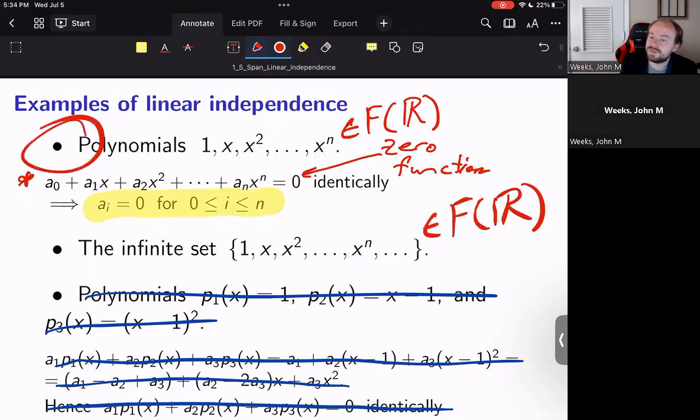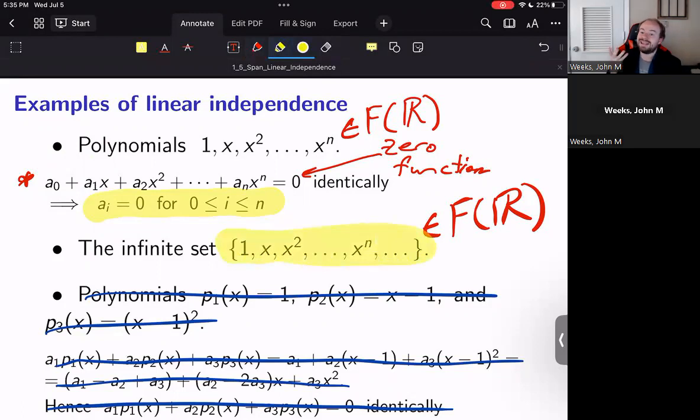Then you're just back in the first case. You have polynomials of this form, where you have certain coefficients in front of each of the powers you have chosen. The only way that can be 0 is if each of those individually are 0. So that's just a small difference in having an infinite set as something being linearly independent. You're getting to choose a finite collection before you continue.